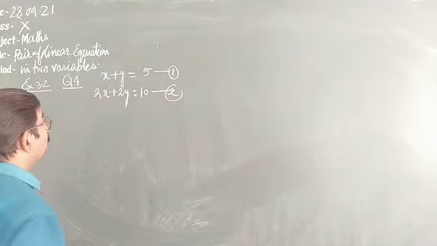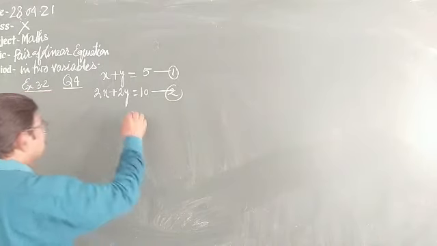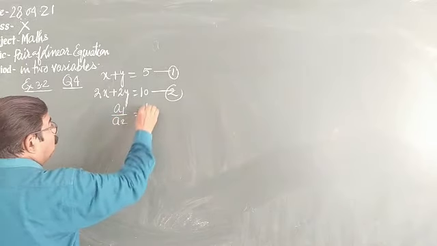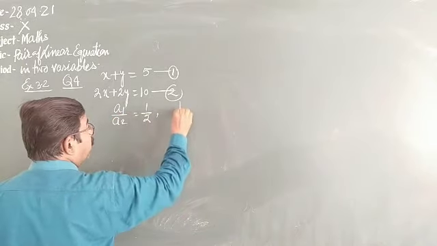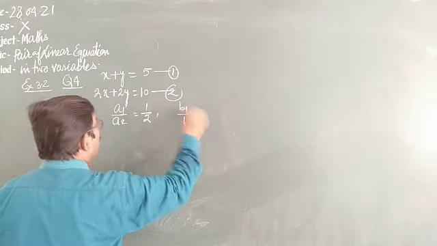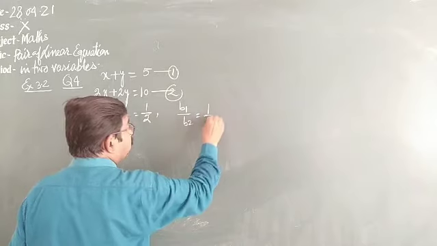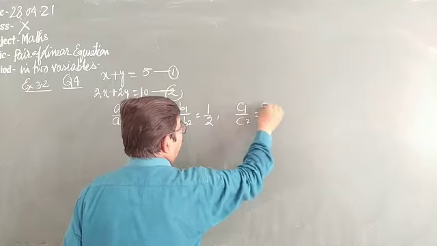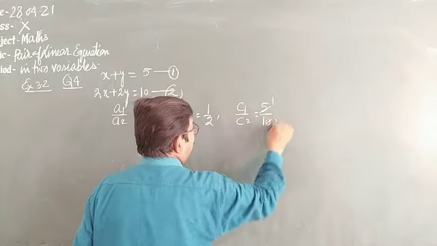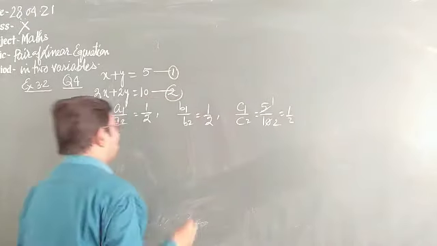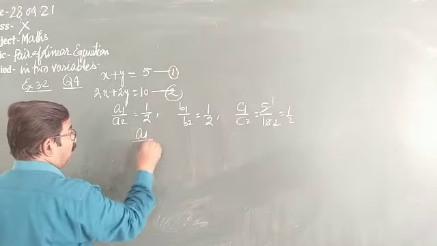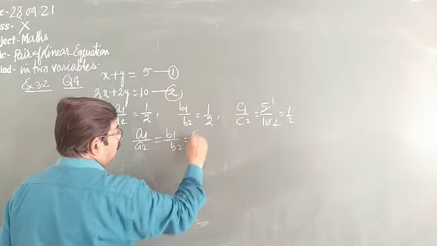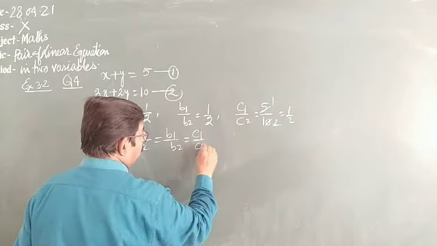So see, we are going to find the ratios of the equations. a1 upon a2 is equal to 1 upon 2, b1 upon b2 is 1 upon 2, and c1 upon c2 is equal to 5 upon 10, this is again 1 upon 2. So what we have got: a1 upon a2 is equal to b1 upon b2 is equal to c1 upon c2.